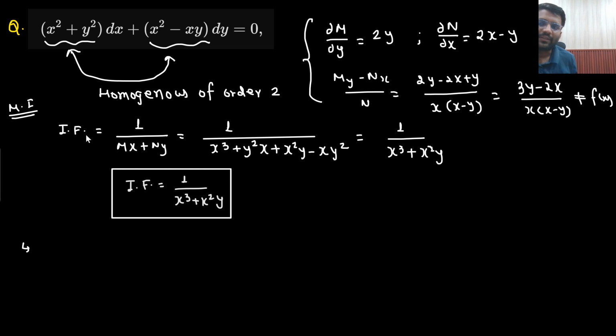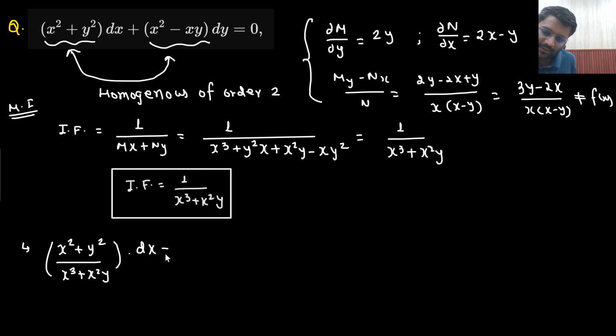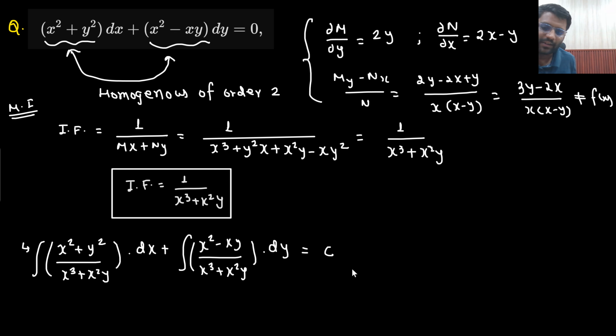So what you will be getting? (x square plus y square) upon (x cube plus x square y) dx plus (x cube minus xy) upon (x cube plus x square y) dy equals to constant, because if we are integrating it equals to constant.